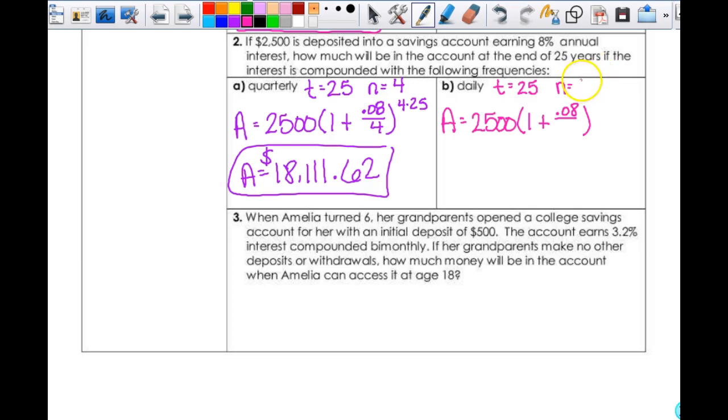So if it's daily, what is N? 365. We just pretend like leap year doesn't exist.